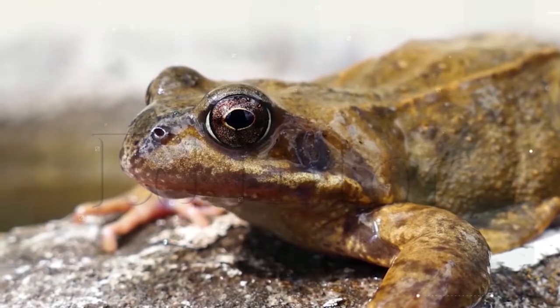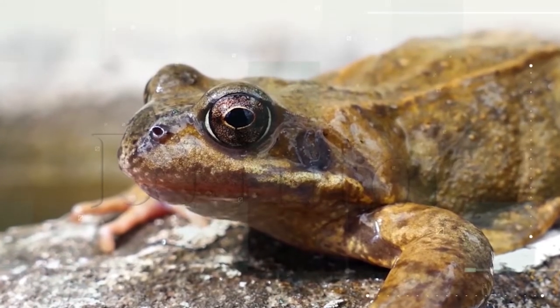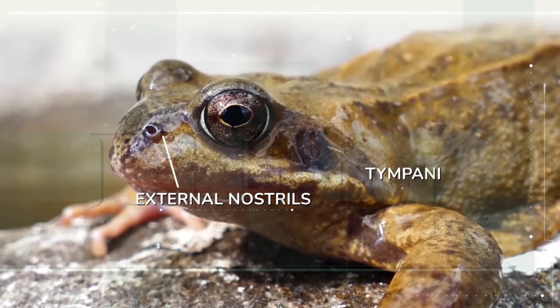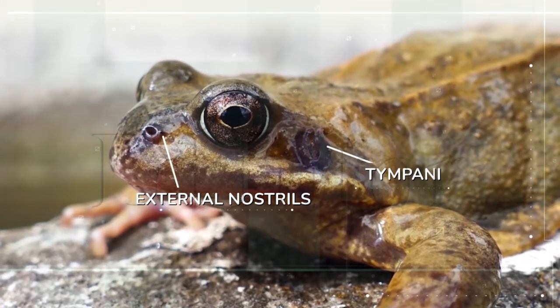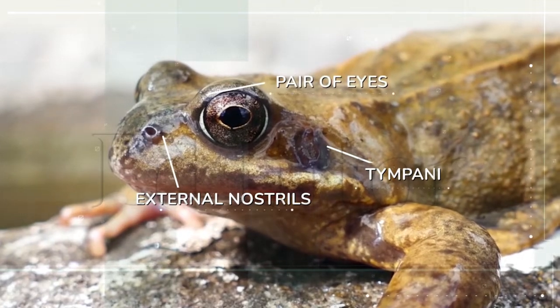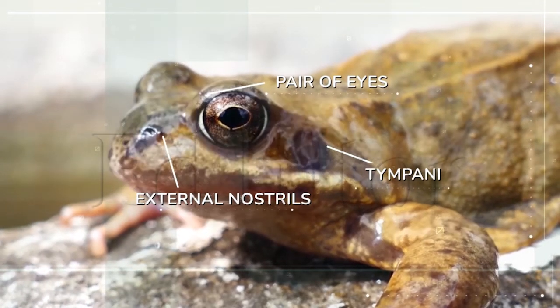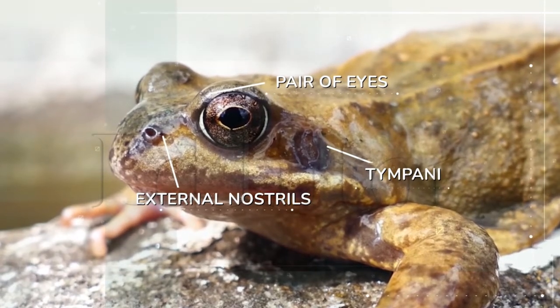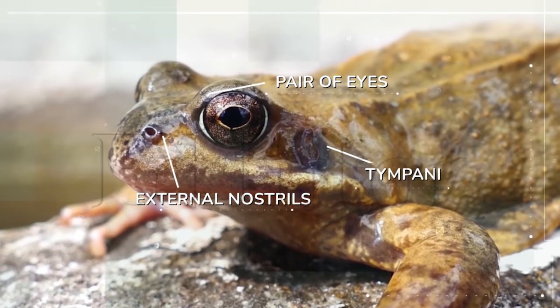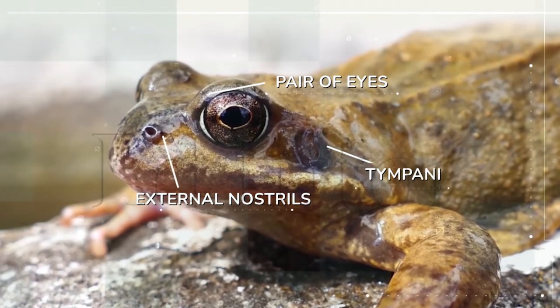On the outside of a frog, you will see two external nostrils, two tympani, which are also called eardrums, and a pair of eyes, each of which has 3 eyelids. That's pretty cool. The third eyelid is called a nictitating membrane, and it's transparent in color.